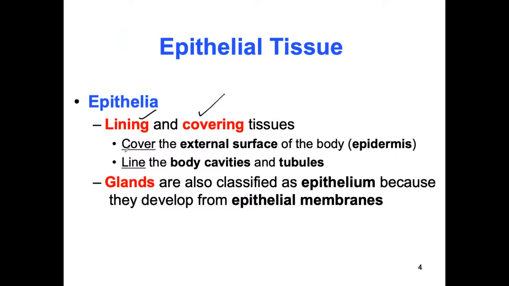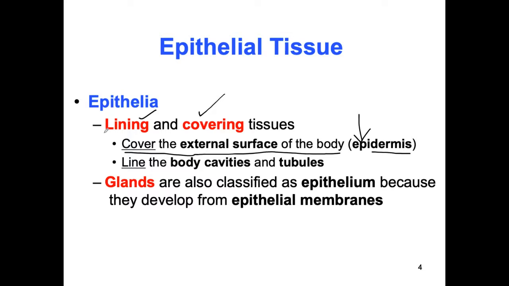It's going to cover the external surface of the body, which we think of as the skin. That's what dermis refers to, the skin, and epi simply means above. So we have a layer of skin above called the epidermis, and below it is just the dermis. The epidermis is the external surface of the body, and it's got important functions, but it's considered epithelial tissue.